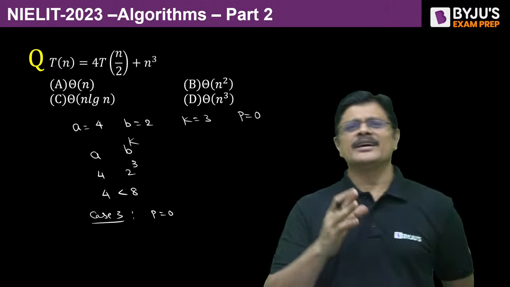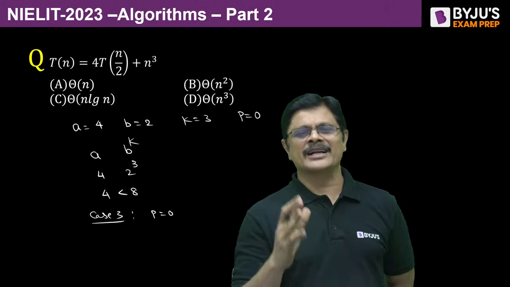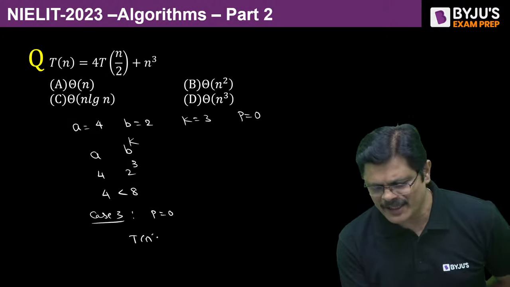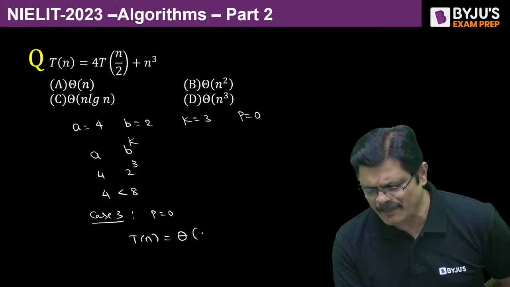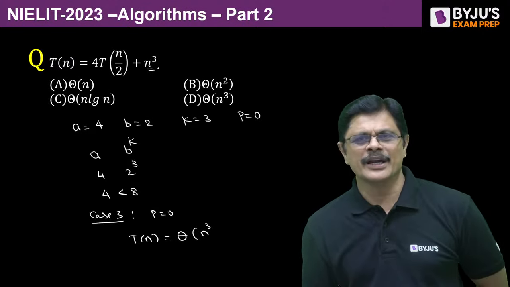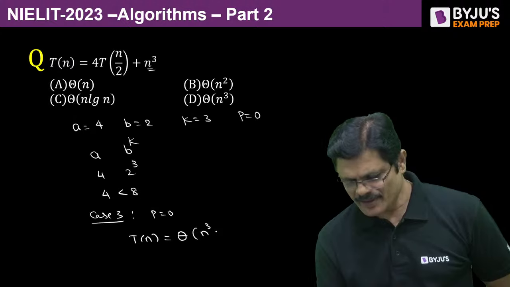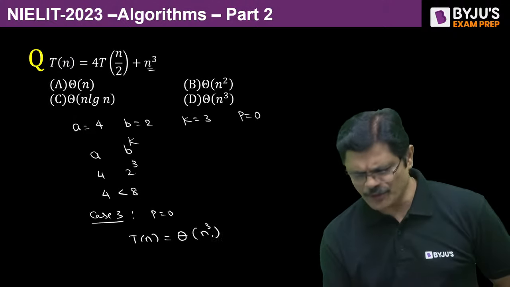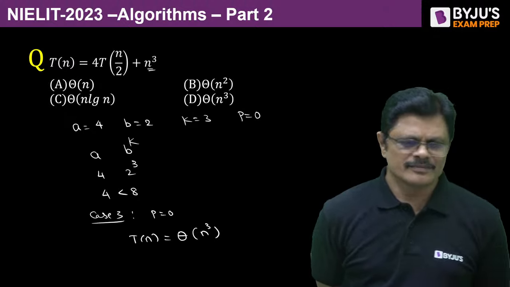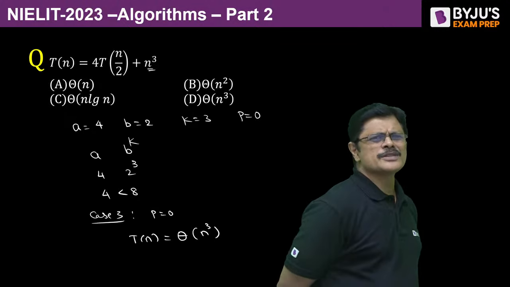Then directly the right side function will be the answer here. So what is the answer, sir? T(n) will be theta, same n power k, that is n cube, that is this particular function, log power p n. That is p is 0 here, so n cube only.